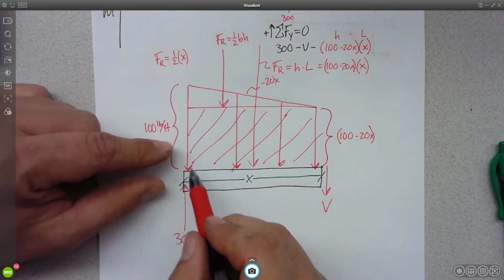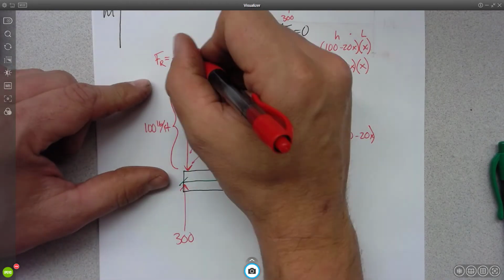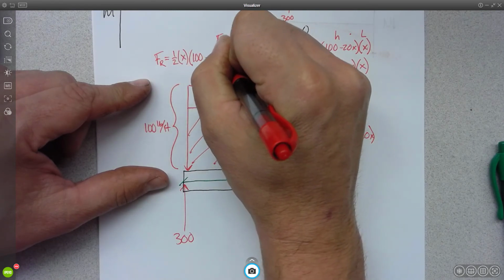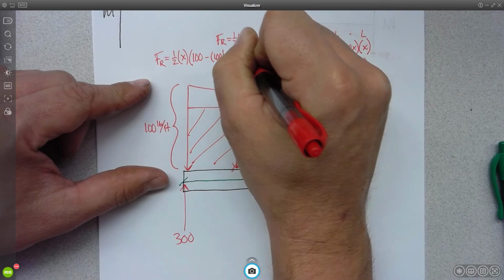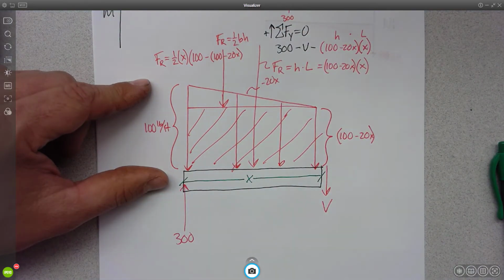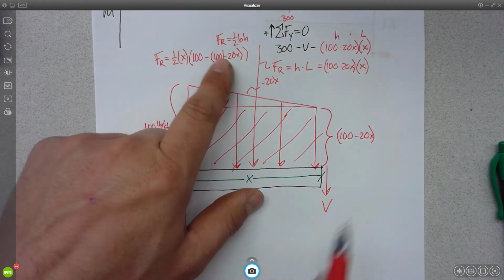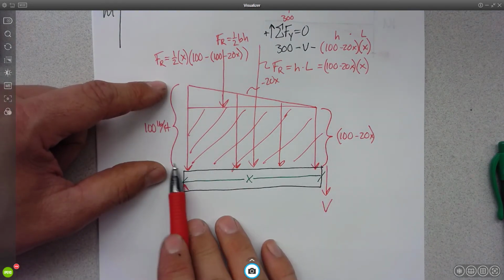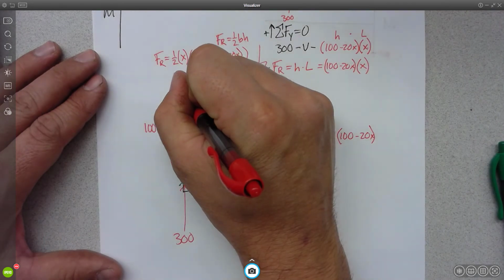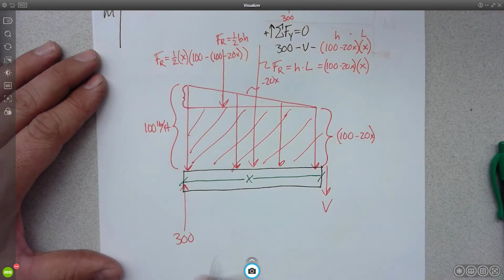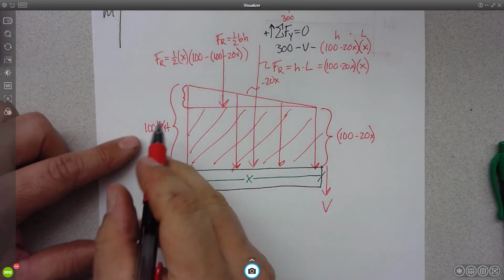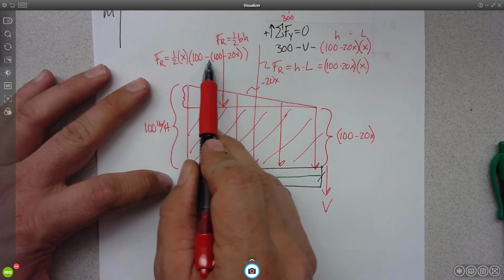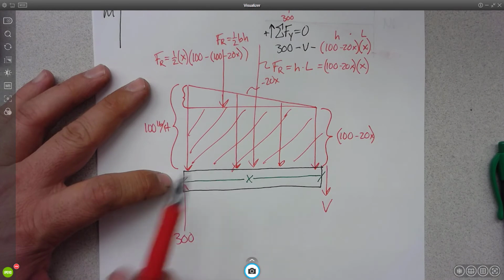It would be 100 minus the height of the rectangle. So it's going to be 100 minus (100 minus 20x). Again, this is the height of the rectangle. This is the total height. And I'm looking for this height right here, which would be the total minus this guy, or 100 minus (100 minus 20x).